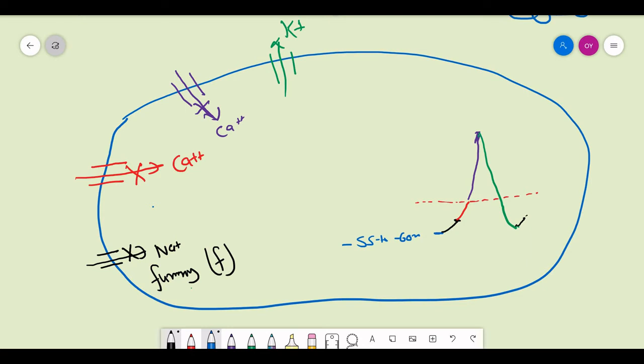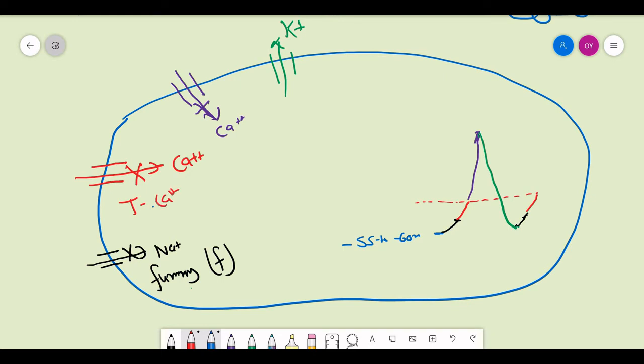And when this funny sodium channel closes, which channel opens now? This calcium channel. And what is this calcium channel called? This calcium channel is fast and lasts for only a small time, so it is called the T-type calcium channel. T is for transient.